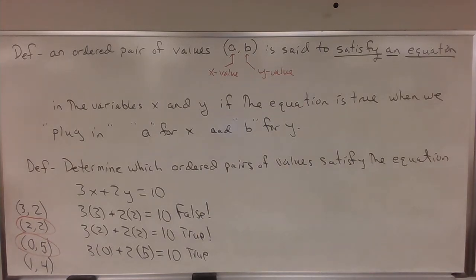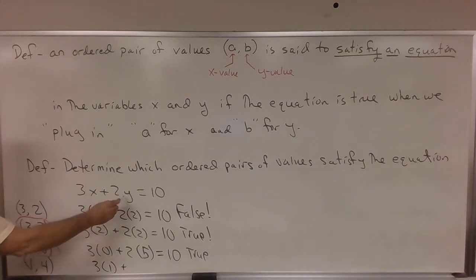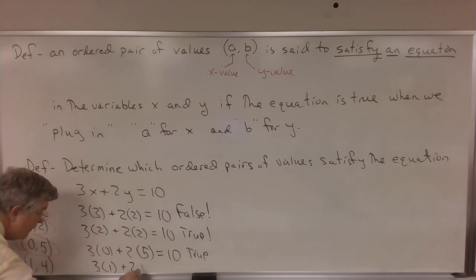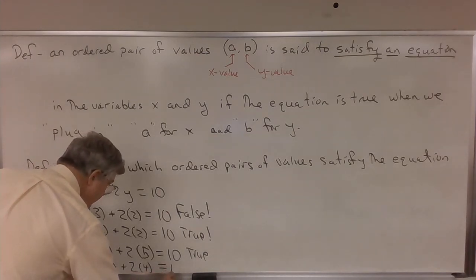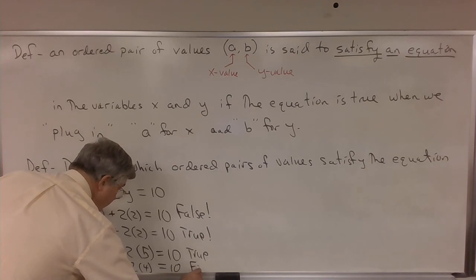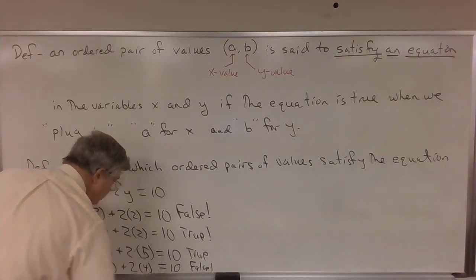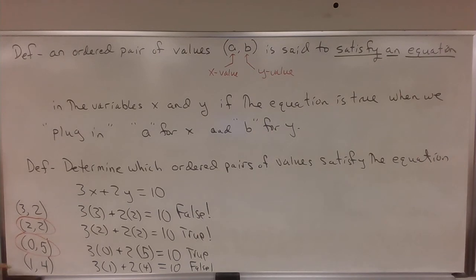And we'll try one last set of x and y values, x equal 1, y equal 4. And we take x equal 1 and plug it in for x, and we get 3 times 1. And we take 4 and plug it in for y, plus 2 times y, which is 4. And we get 3 plus 8 is 11. Nope, that's not equal to 10. So this is false. So the ordered pair of values 1, 4 is not a solution.